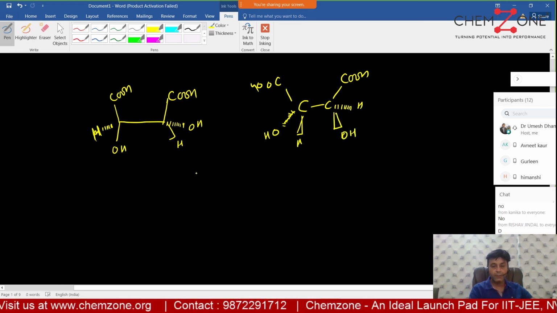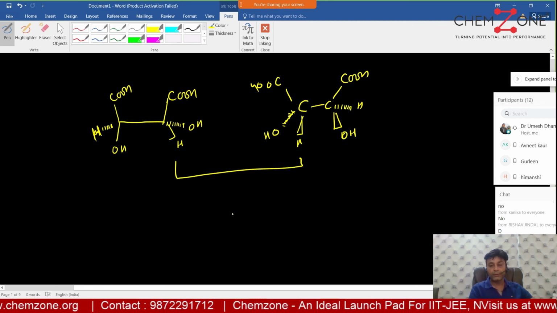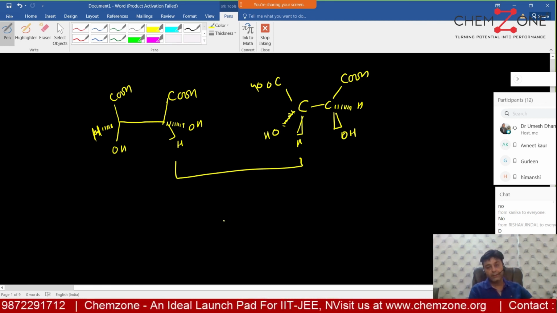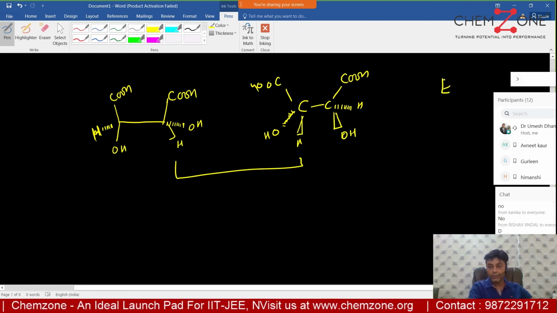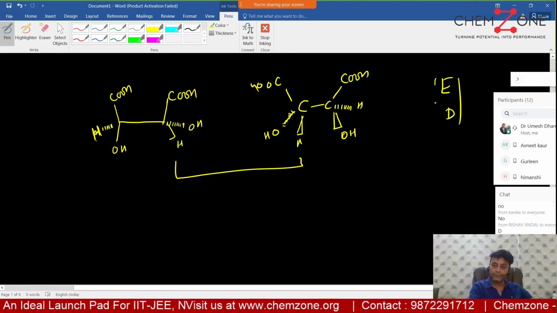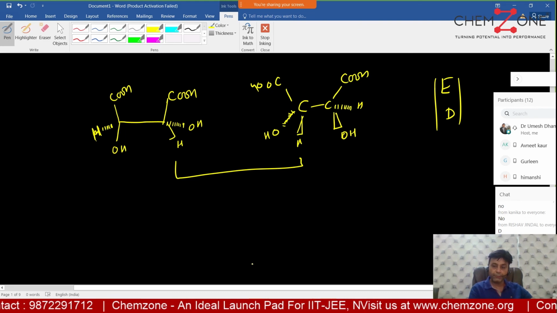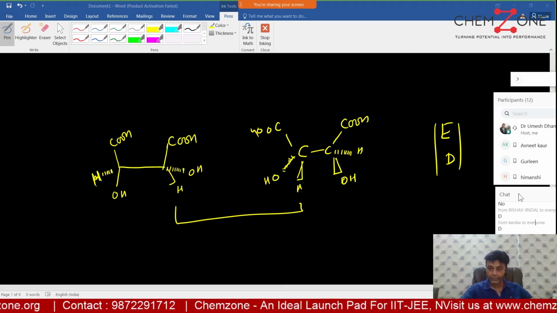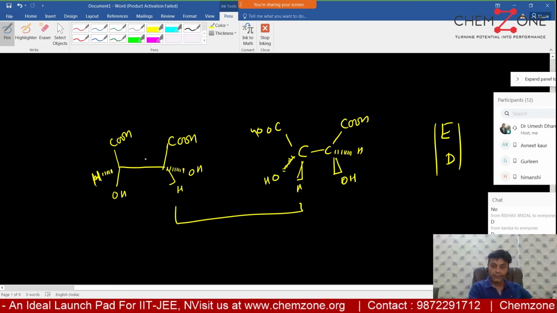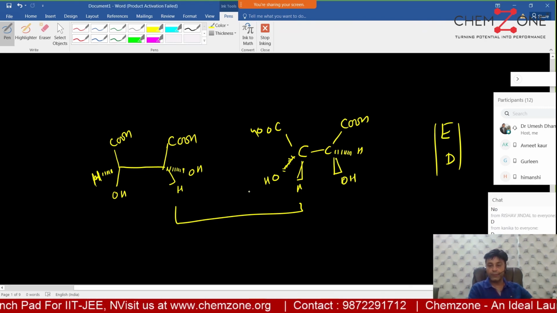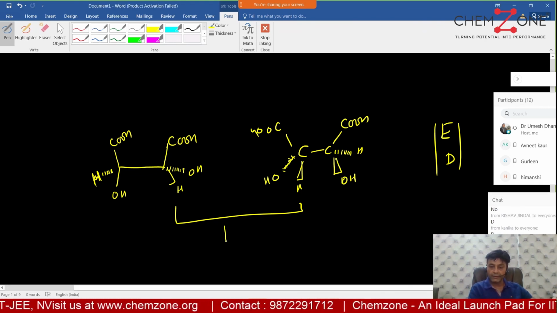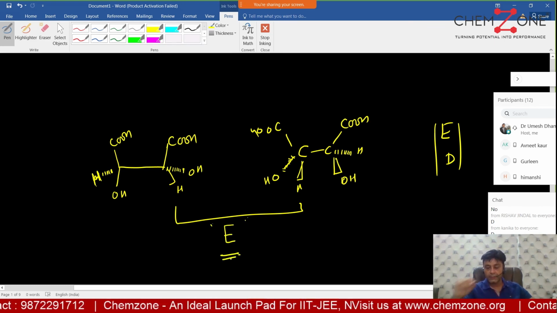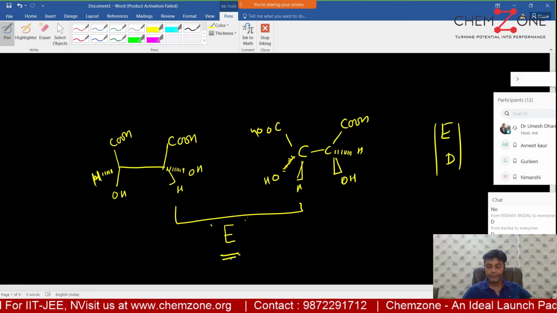What is the relationship between these two compounds? Is it enantiomer or is it a diastereomer? Yes, I'm waiting for your response. Everyone? Okay. Kanika says diastereomers. Okay. These are non-superimposable mirror images. These are enantiomers of each other. It is not diastereomer. Practice it.